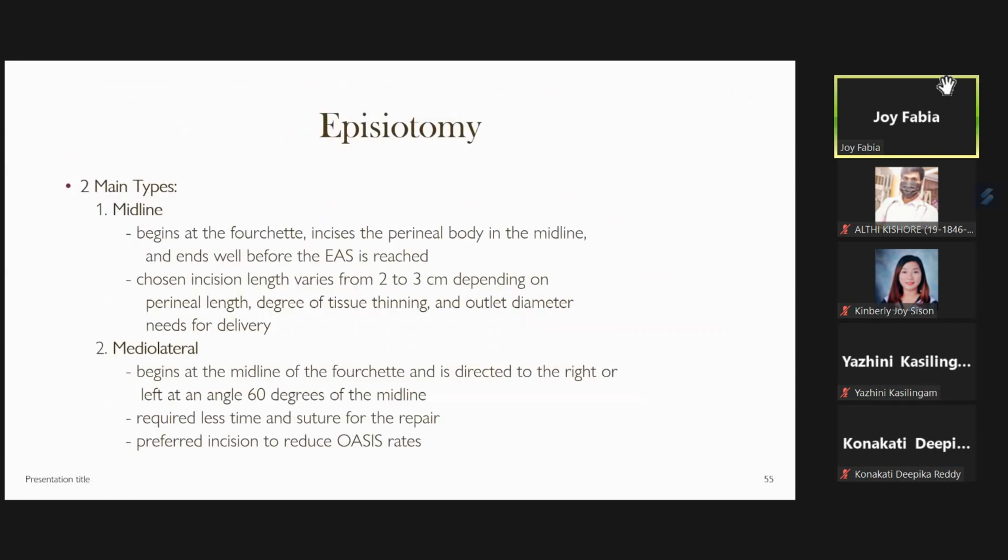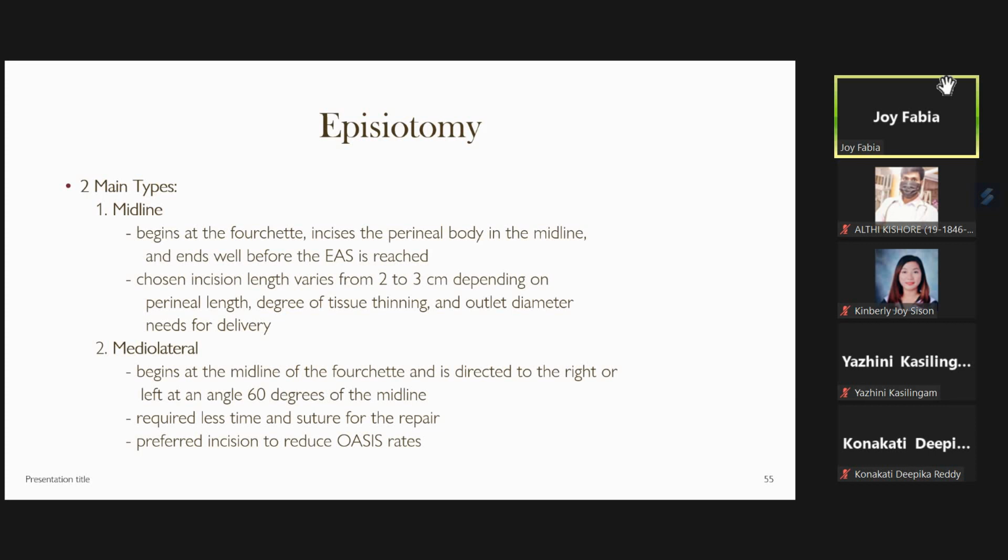So there are two main types of episiotomy, the midline and the mediolateral. The midline begins at the fourchette, incises the perineal body, and ends well before the external anal sphincter.